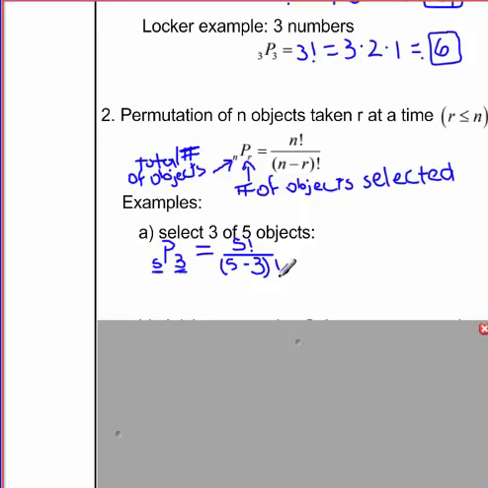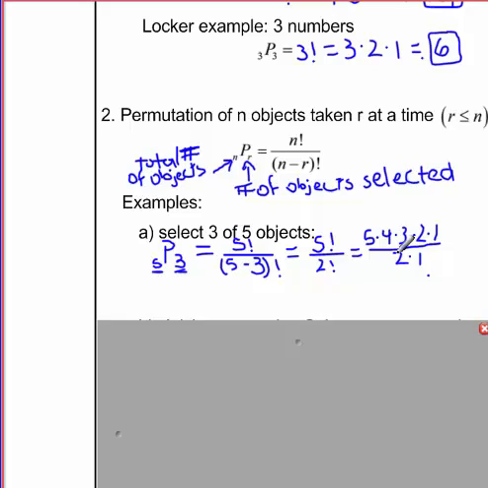Next, write out what that represents. So do the subtraction first. 5 minus 3 is 2 factorial. Then do the factorial parts. So on top, 5 factorial is 5 times 4 times 3 times 2 times 1. So we're going to write it all out. On the bottom is 2 times 1, since it's 2 factorial. And then we do some simplifying.